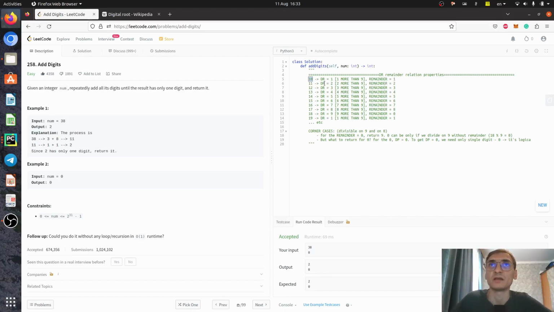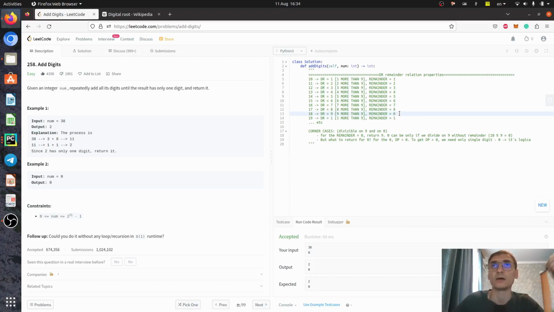This relates one by one to the digital root. In the second case, 11 gives us digital root 2, and the remainder is 2. But when we are talking about 9, it's 0. So a remainder of 0 means the digital root has to be 9 and not 0.